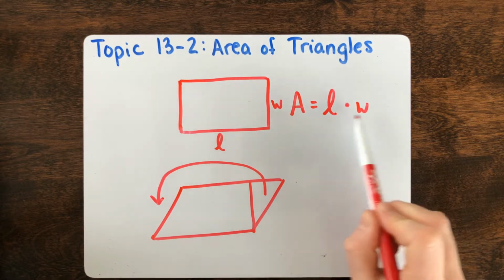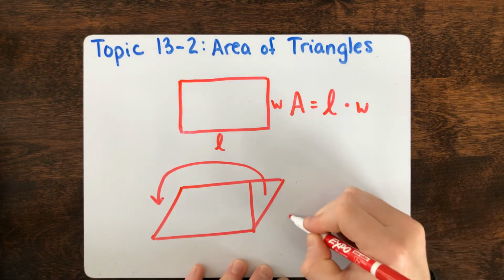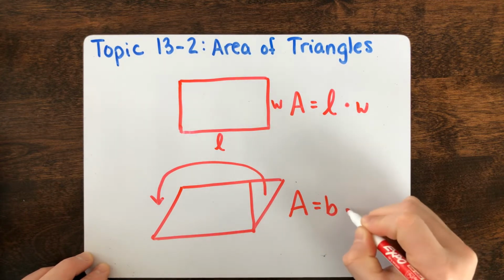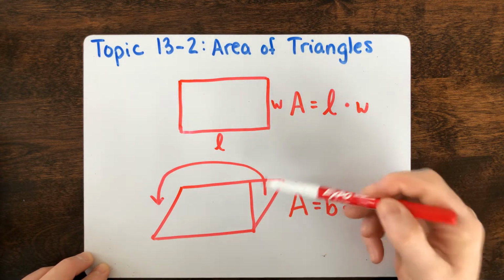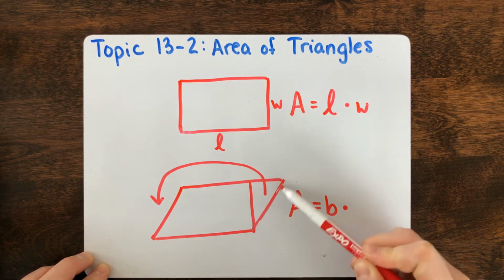But this is the area formula for a rectangle, but the area formula for a parallelogram is a little different. We don't call this the length. Do you remember what we call it? We call this the base. Now we never look at the diagonal. That diagonal is misleading. That doesn't give us any information.